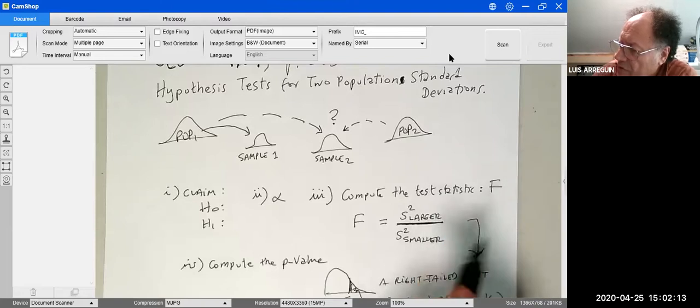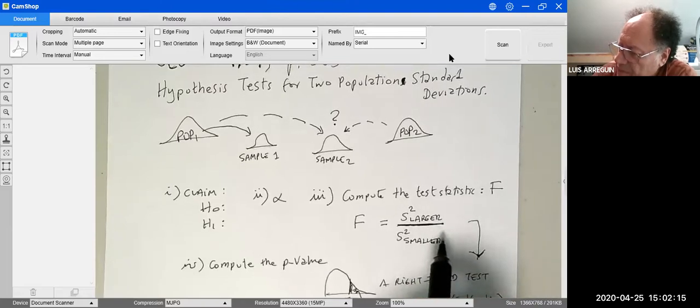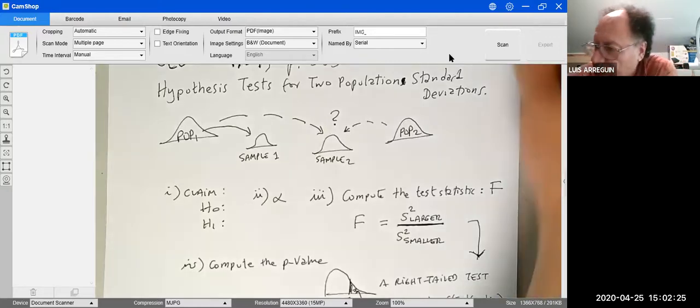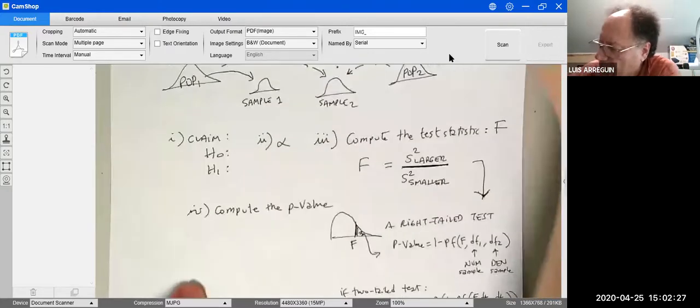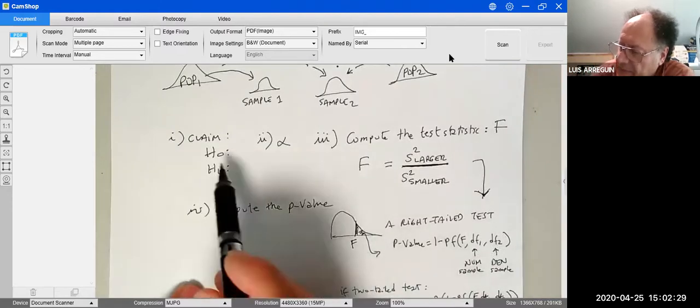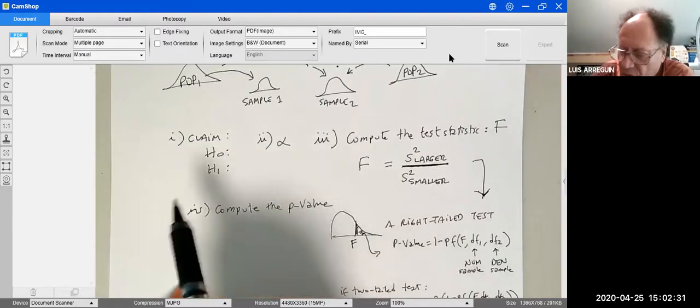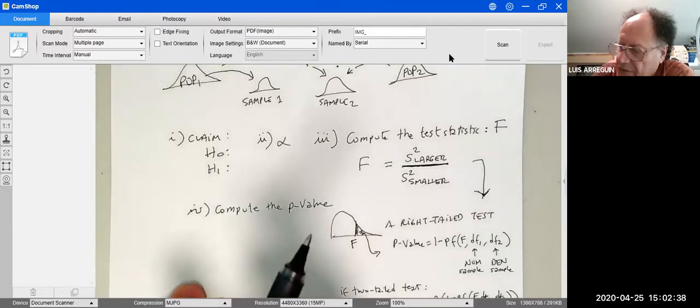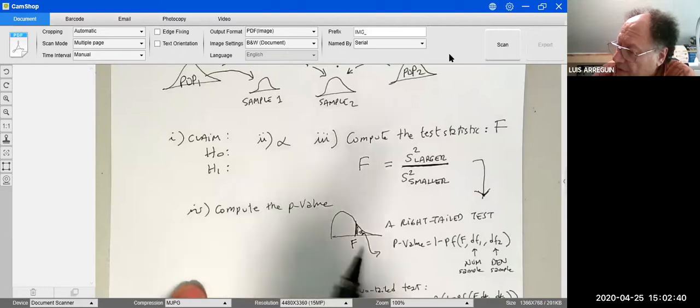Because of this condition of always writing the largest on the top, we're always going to have a kind of right tail test in terms of the computations for p-values or critical values. But again, depending on the alternative, you always have a left tail, right tail, or two-tail test in the interpretation, right?